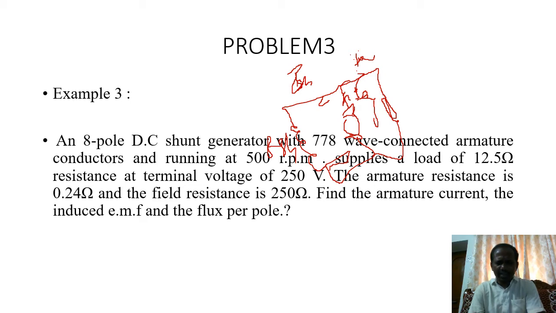Field resistance 250 ohm. Find the armature current, the induced EMF and flux per pole. Here only the voltage V, 250, is given. In a DC shunt generator, voltage V is the same across the armature as well as across the shunt field winding, because the shunt field winding is connected in parallel to the armature and the load.